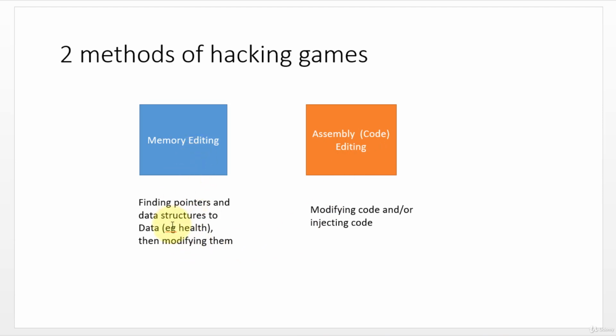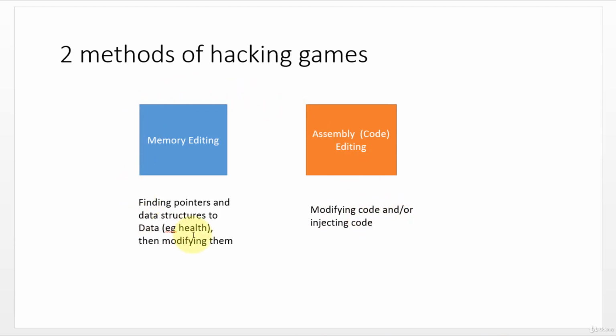In memory editing, we are concerned with finding pointers and data structures for data, for example health, and then modifying them. In assembly or code editing, we are concerned with modifying code and or injecting code.